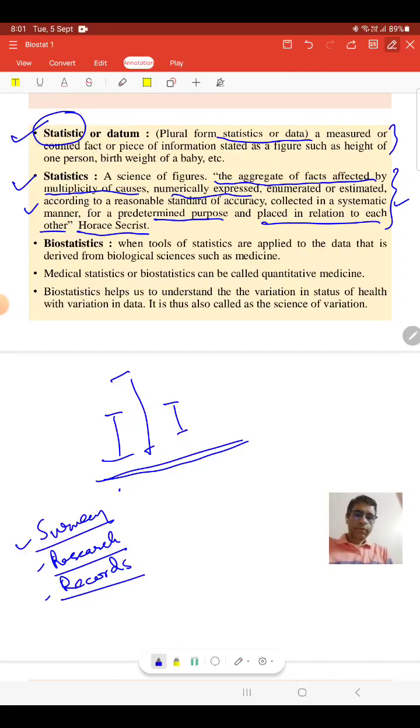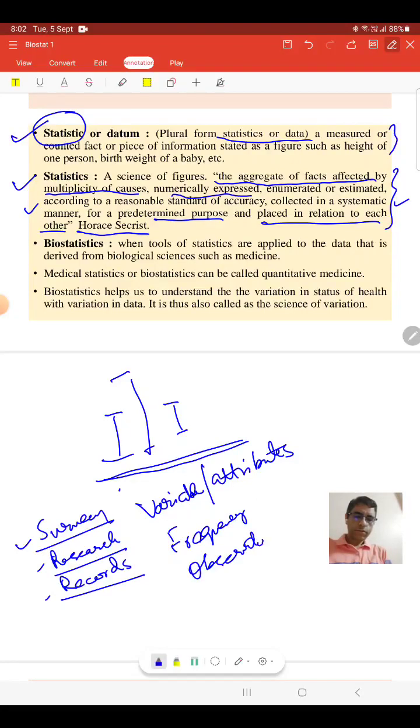In the upcoming discussion we shall discuss variables or attributes, and we have frequency or observation. So it is not merely collection of data.